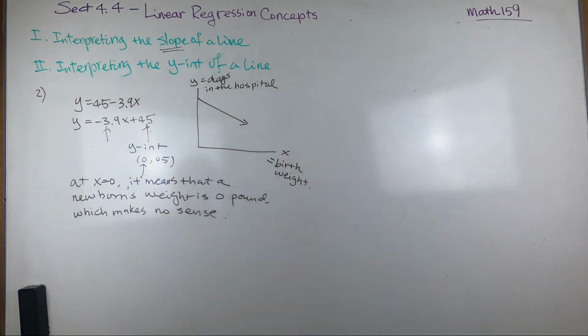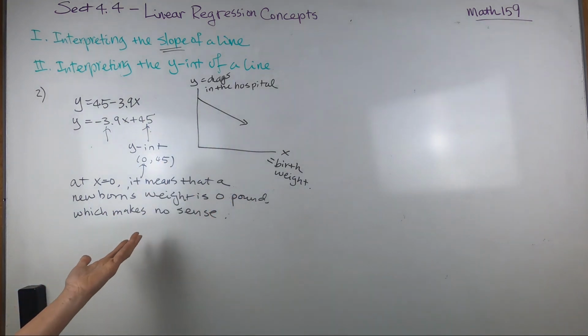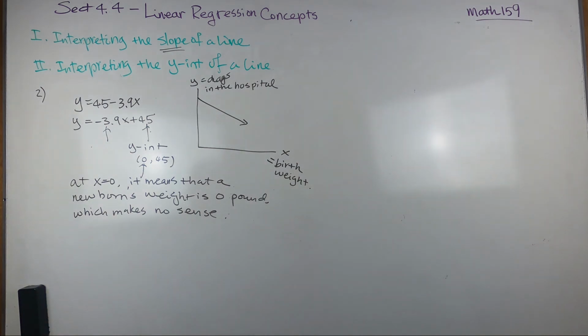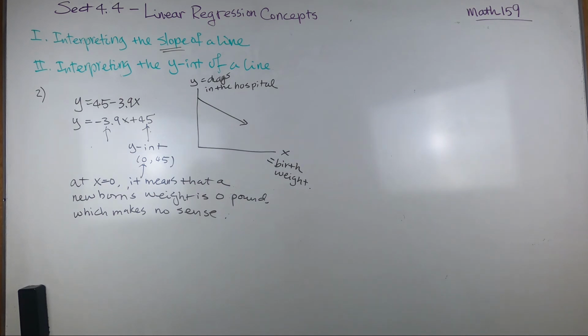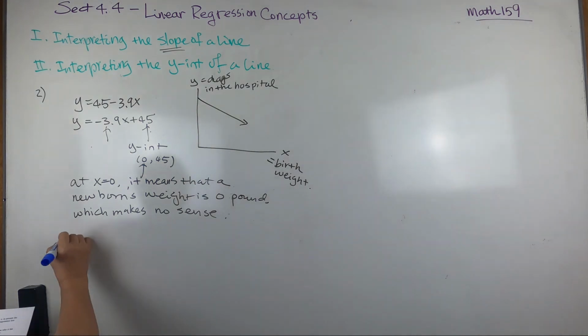Just like we talked about the meat eater: if x is 0, it doesn't eat any meat, then that's not the relationship we're talking about, right, in the previous example. On this one, we talk about a newborn's birth weight. If birth weight is 0, do we have a newborn? No, so it doesn't make sense, right?